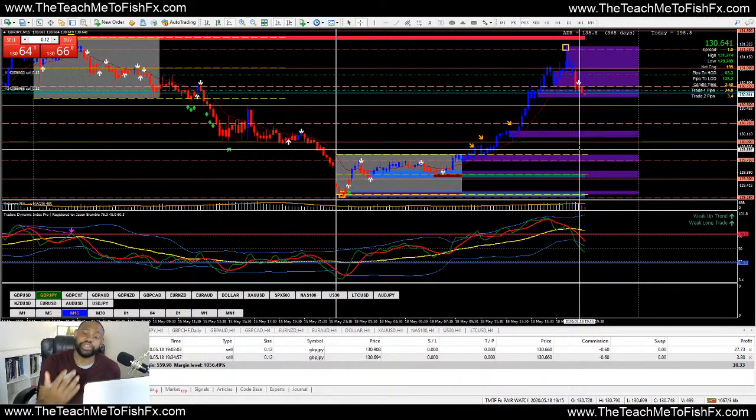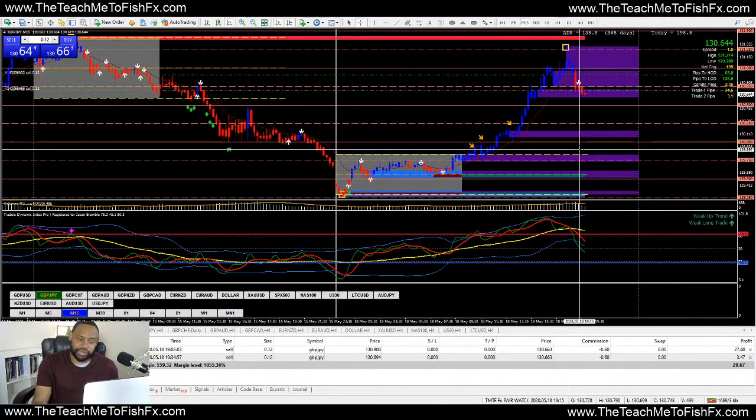I know that the green EMA on the TDI is the price signal. I know that the red EMA is the signal line. I know that the yellow EMA is our market sentiment line. But to avoid having to say all that, now I'm just saying green, red, and yellow.